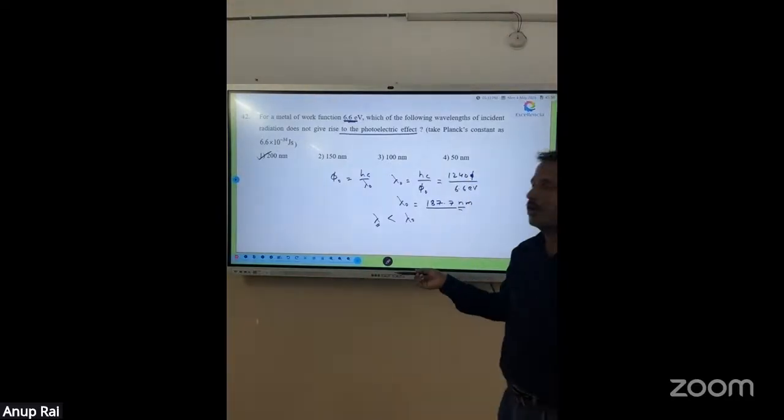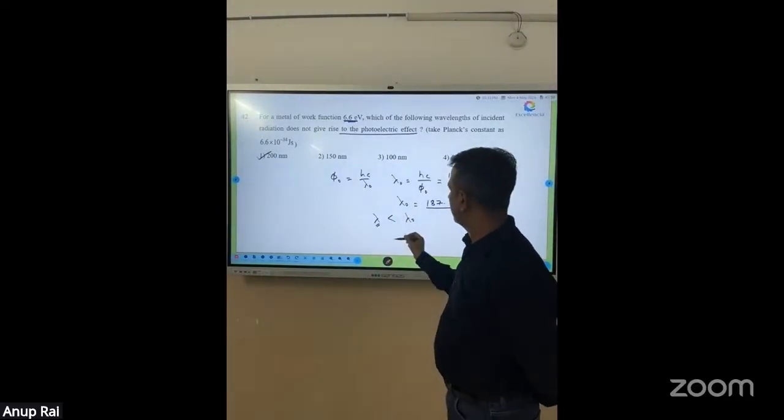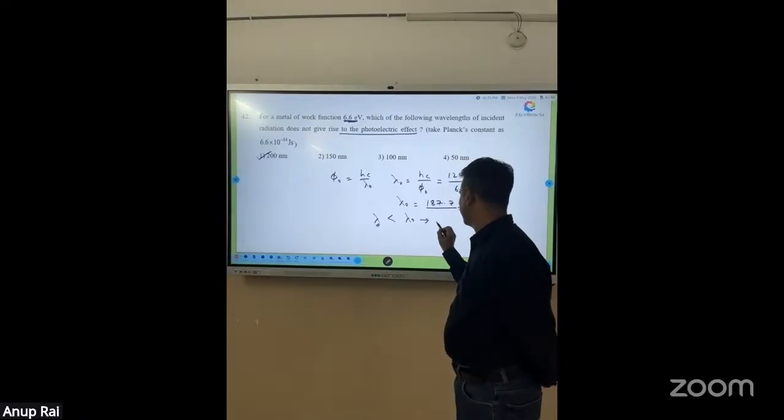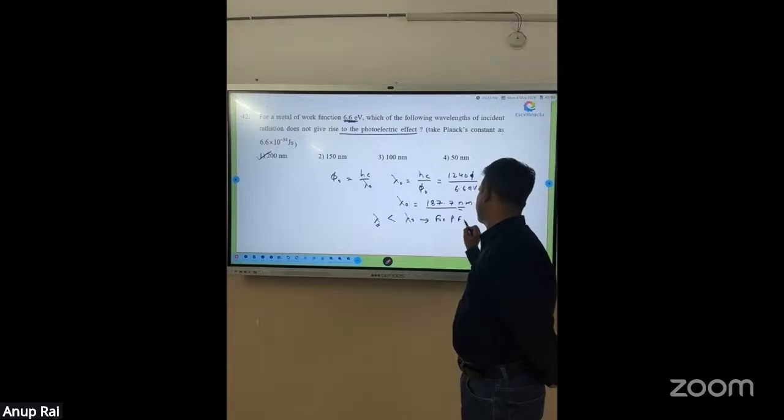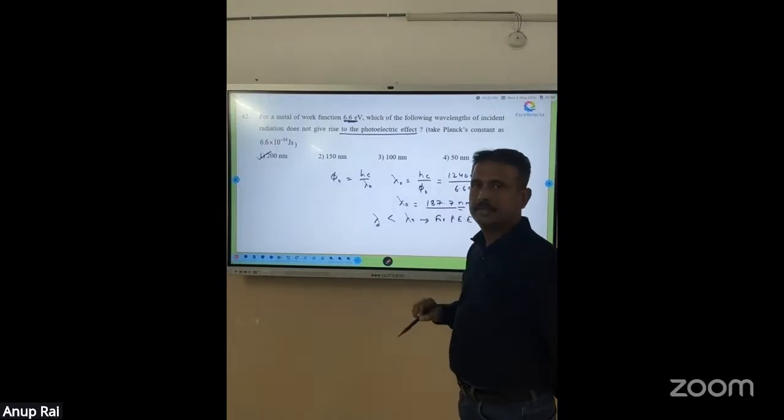Lambda greater than lambda naught will not allow it. Lambda less than lambda naught is the condition for the photoelectric effect to happen, right?